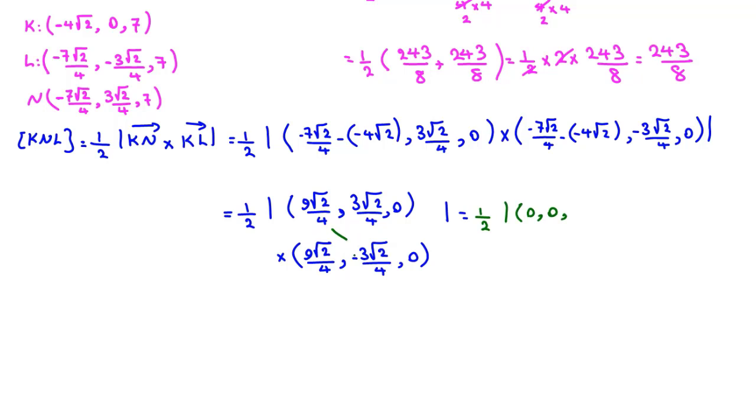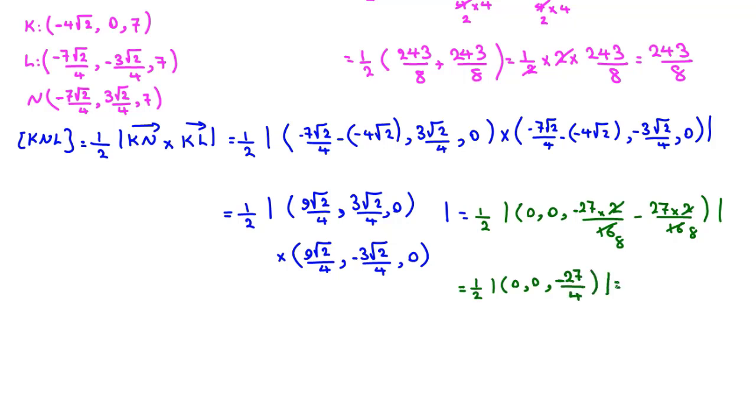This times this will be negative 27 root 2 times root 2 is 2 over 4 times 4, 16. Minus this part, 27 again, times 2 over 16, and if you calculate, this will be 8. Because we have twice of this, it will be negative 27 over 4. So it will be 1/2, the length here is 27 over 4, so it will be 27 over 8.